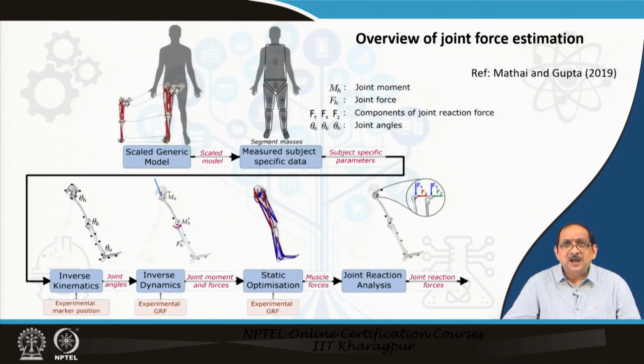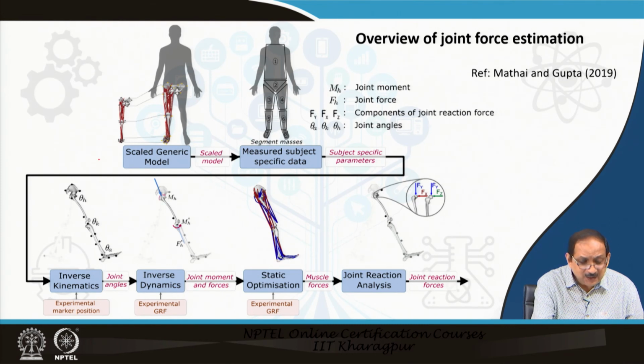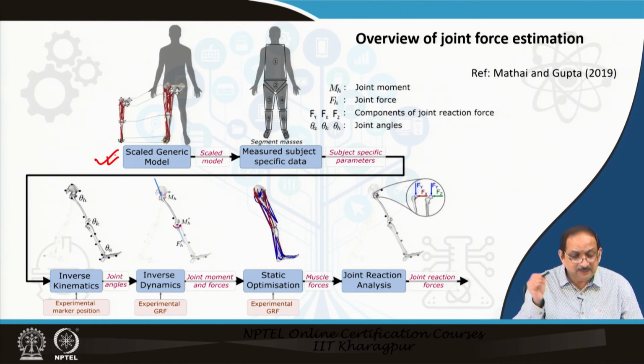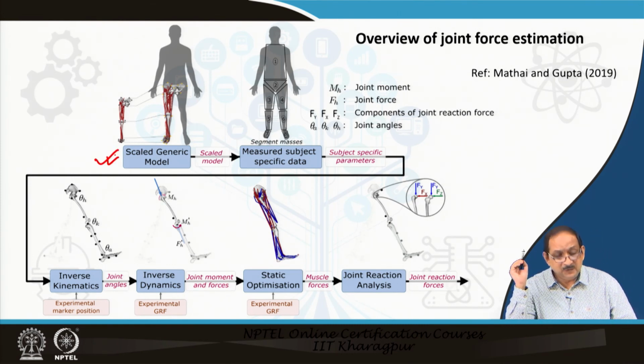In this slide, an overview of the joint force estimation has been presented. The schematic presents an overview of the joint force estimation using musculoskeletal model. First, a generic validated musculoskeletal model was scaled to the subject's dimensions and masses.